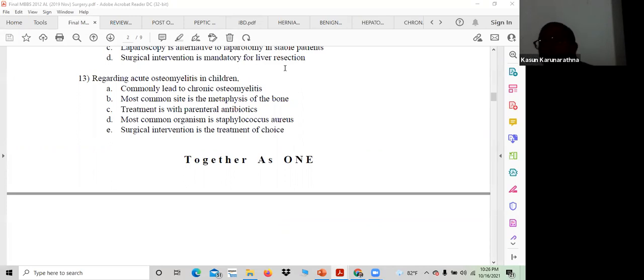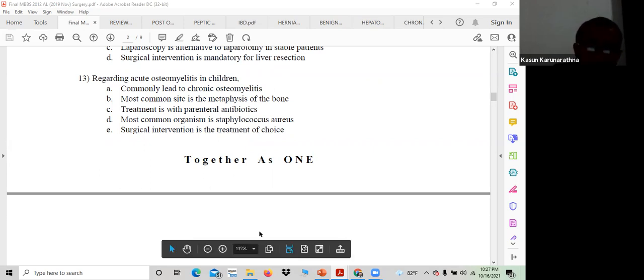Before starting antibiotics, yes, you can do the aspiration, but if it is septic arthritis, you don't just do the aspiration and wait. You should do the arthrotomy, right? Before starting antibiotics, you should take samples. Yes.